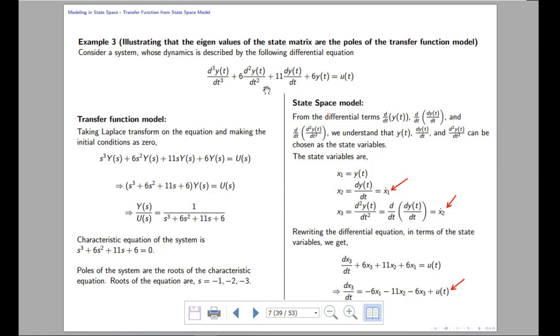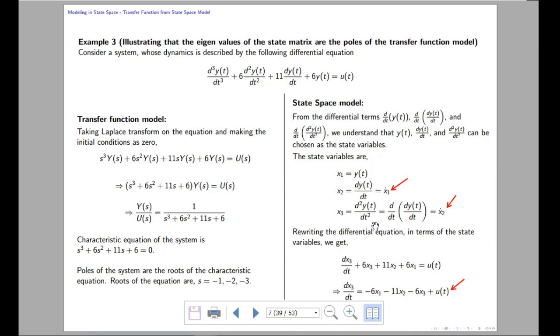Just rewrite this differential equation in terms of the state variables. d cube y by dt cube is nothing but d by dt of d square y by dt square, and d square y by dt square is x3, so it is nothing but dx3 by dt.